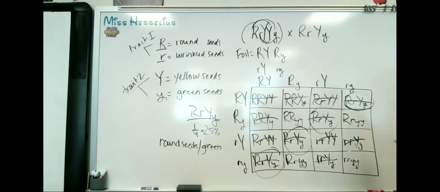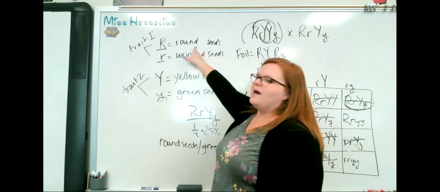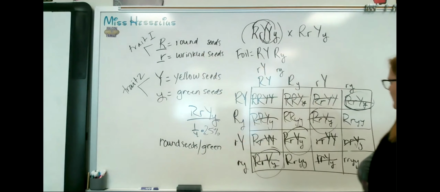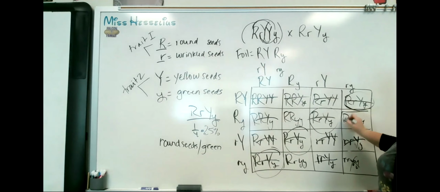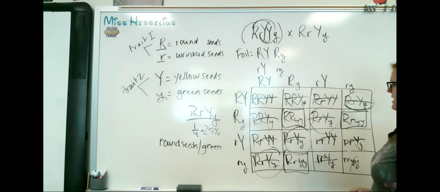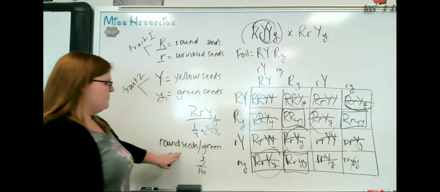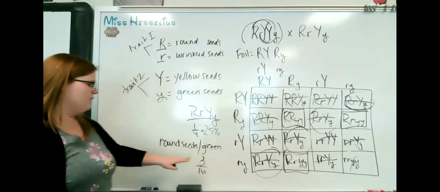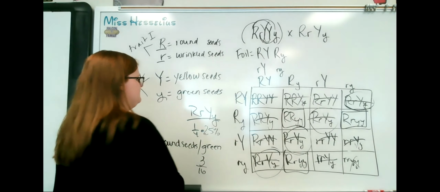Now this is any of them that have at least 1 capital R because it's dominant. So you only need 1 capital R to have a round seeded plant. So the only one we're also going to eliminate would be this one. So that means there's 1, 2, 3. 3 out of 16 chance of getting this specific phenotype. So remember, you can look for phenotypes or genotypes when you do a dihybrid cross like this.